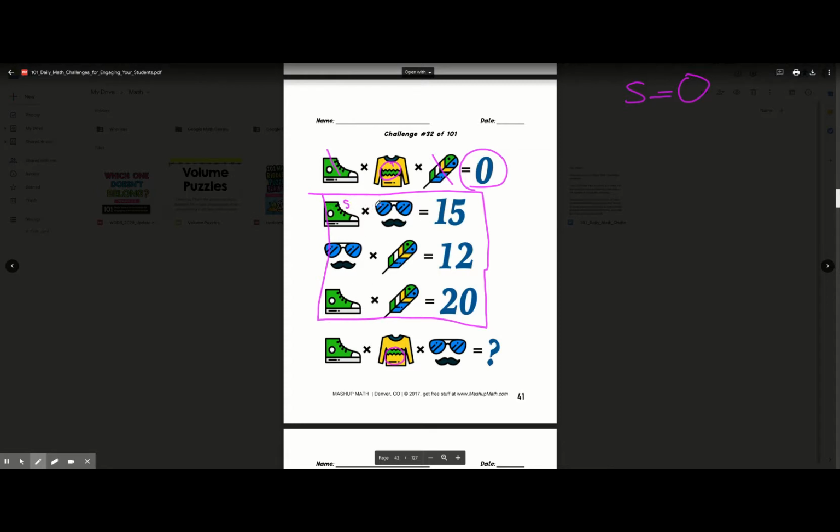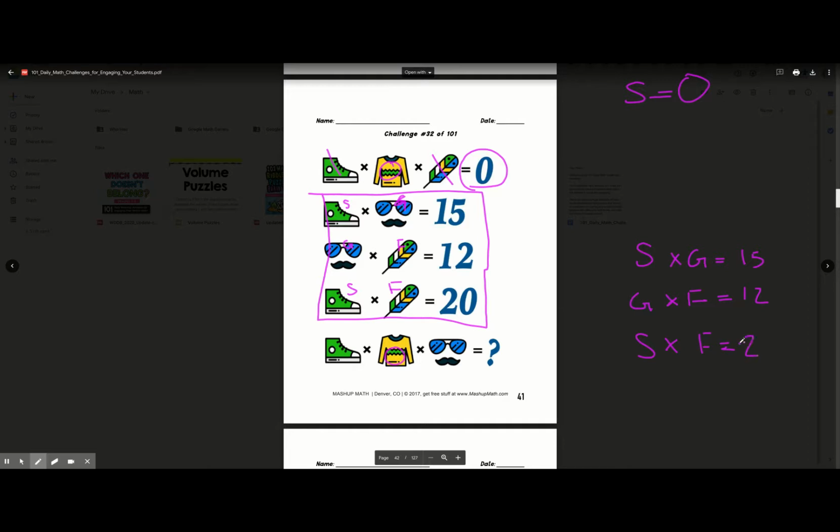So I'm going to say shoes, S, and glasses, G, and feather for F. And I'm going to rewrite it over here so it makes it easier for me. So shoes times glasses equals 15. Glasses times feather equals 12. Shoes times feather equals 20.